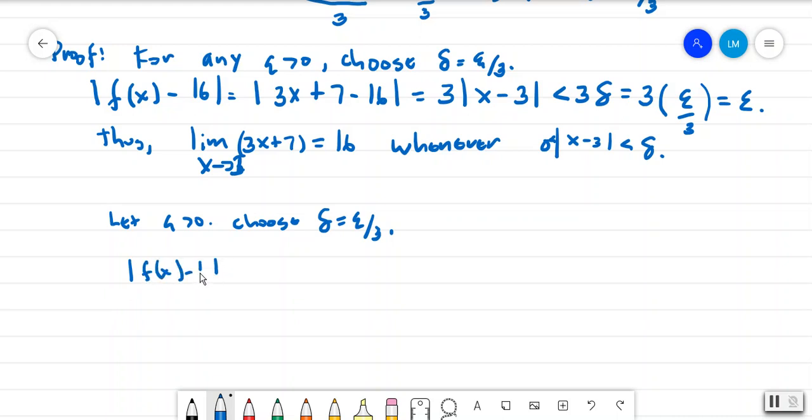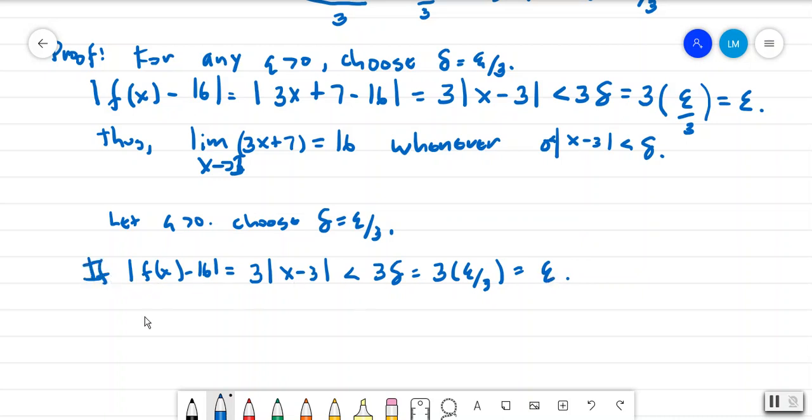So basically you'd just be repeating the same thing where you end up with 3 times x minus 3 is less than 3 delta, which is 3 times epsilon over 3, and then that equals epsilon.